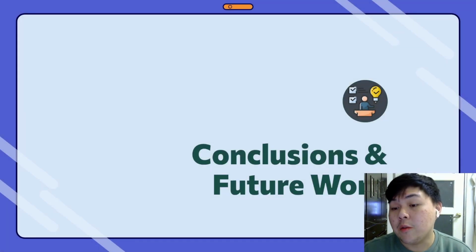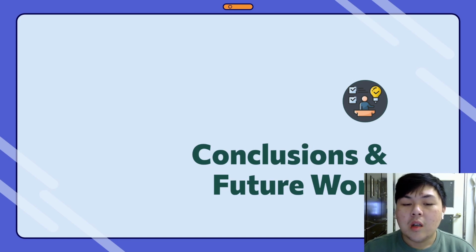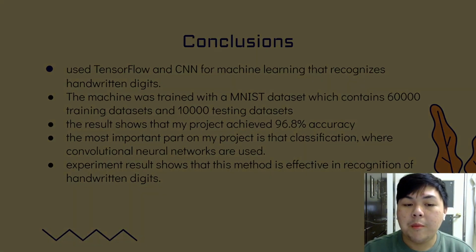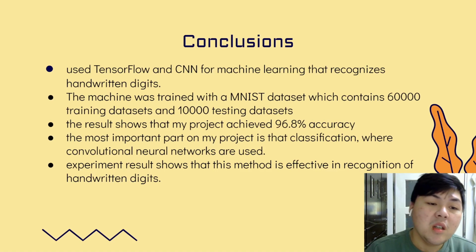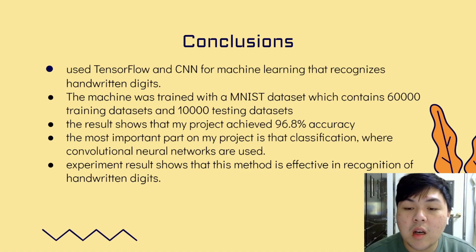And now the conclusion and future work. The conclusion of this project is that I use TensorFlow for machine learning that recognizes handwritten digits. The machine was trained with the MNIST dataset, which contains 60,000 training samples and 10,000 testing samples, and the result shows that my project achieved 96.8% accuracy.